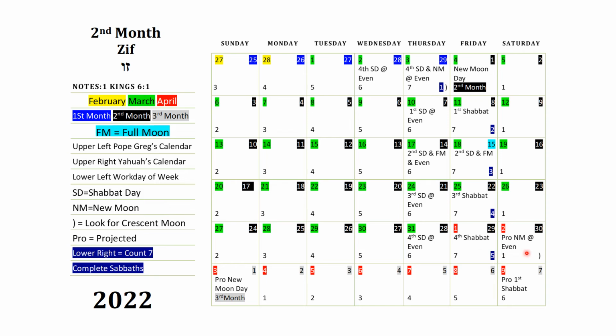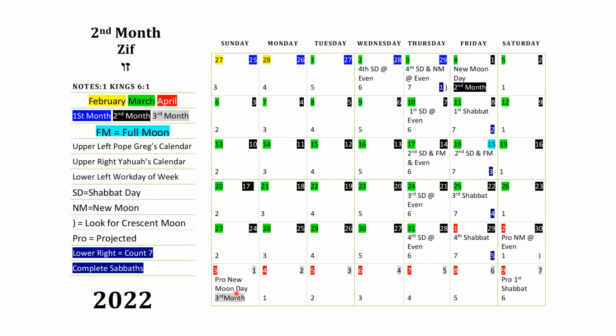So do we start counting here? Do we start counting here? Let's see. 1, 2, 3, 4, 5, 6, 7. We've got 7 days right there, right? But can we count them right there? No, because we've got a projected Sabbath here. All right. So let's start here.